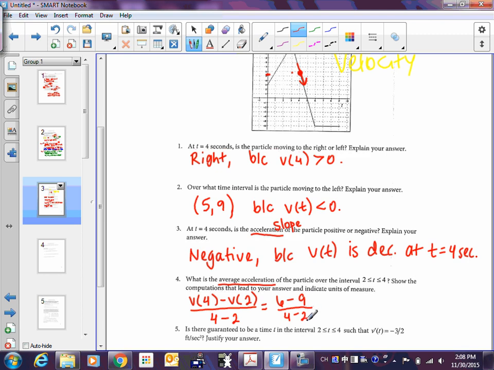And again, it would be okay to leave it unsimplified. If you did simplify it, and there's a good reason why you might want to here, you would get negative 3/2 feet per second squared. It helps us with number 5.